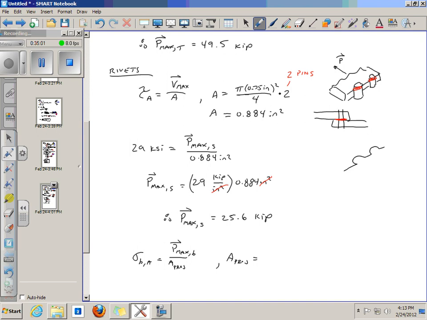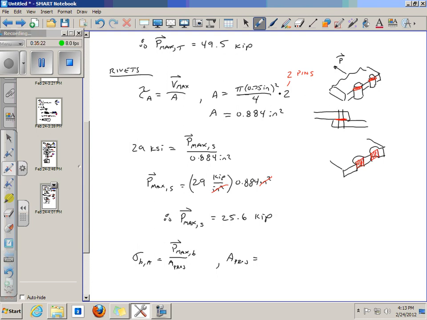It's kind of like the example I showed a little bit ago. Remember, our projected area is just that, but we've got two of them.